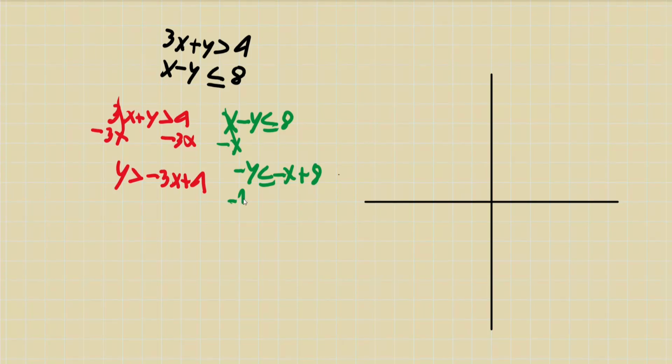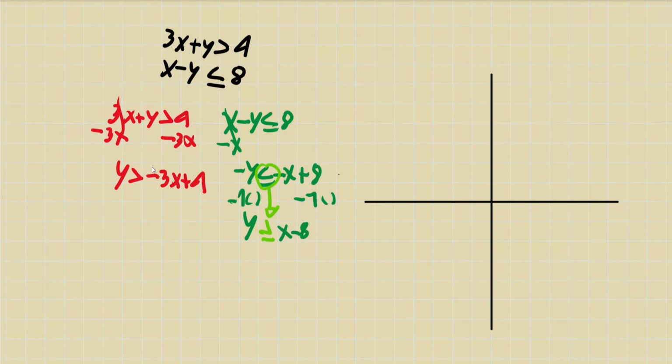And then here, remember, our sign actually converts to the opposite. We get y larger than or equal to x minus 8.